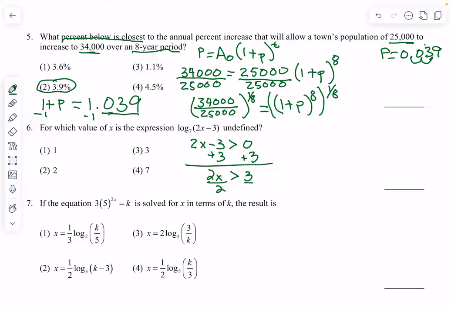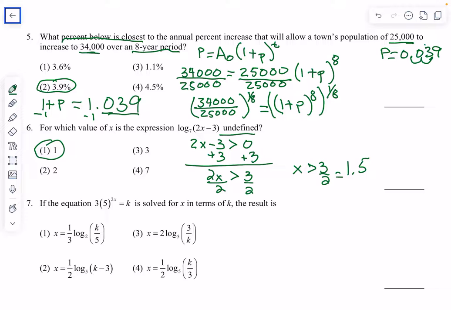Divide by 2, divide by 2. I get x is greater than 3 halves, which is 1.5. So the one that makes it undefined is going to be less than 1.5, and the one that's less than 1.5 is number 1.